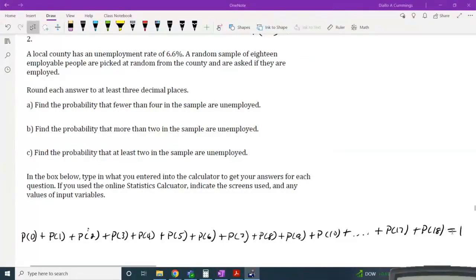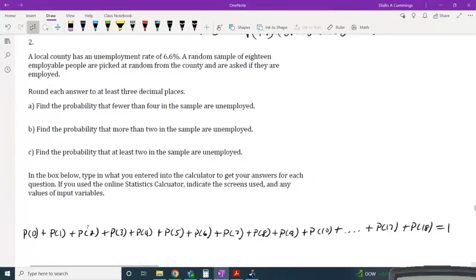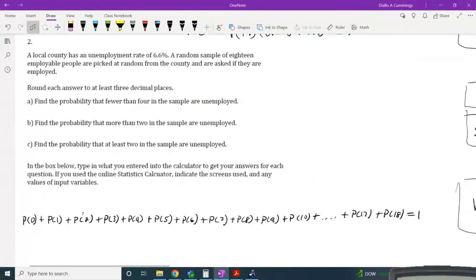If you add all of those probabilities together, it must equal 1. That's what you see at the bottom: the probability of 0 plus the probability of 1 plus all the way up to the probability of 18 people, because there are 18 people in the sample. Add up all those probabilities, and they should equal 1.